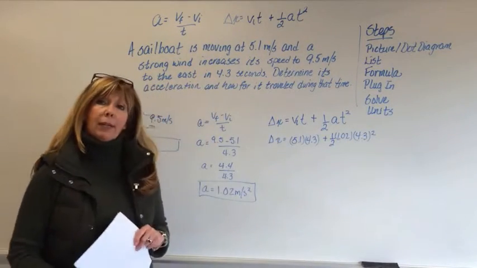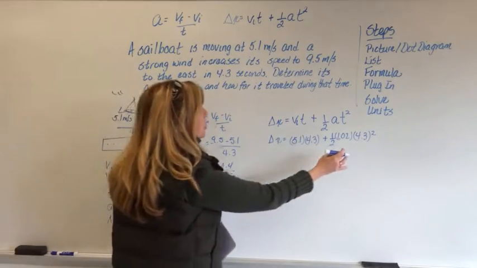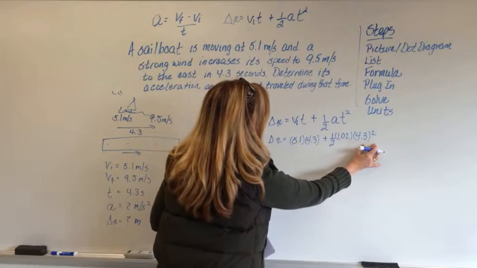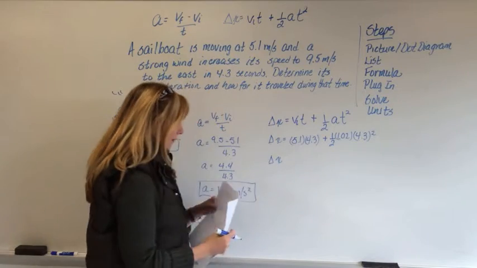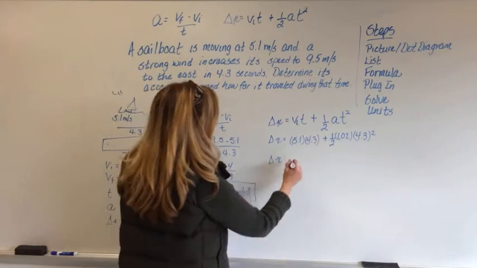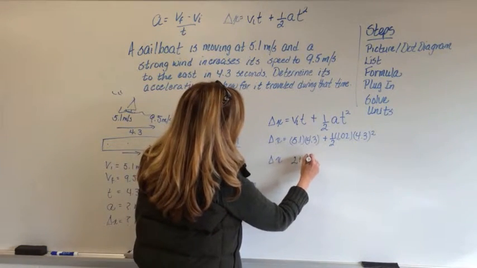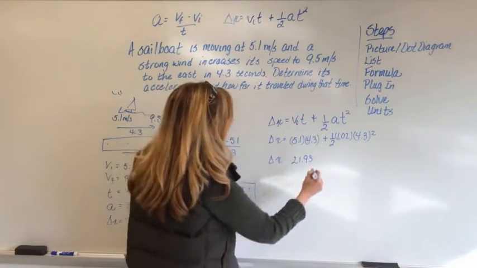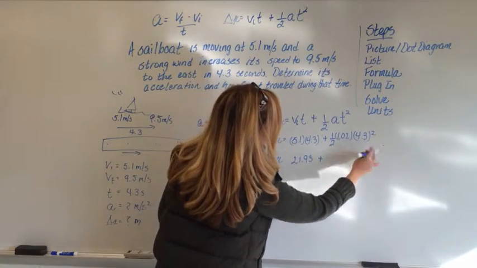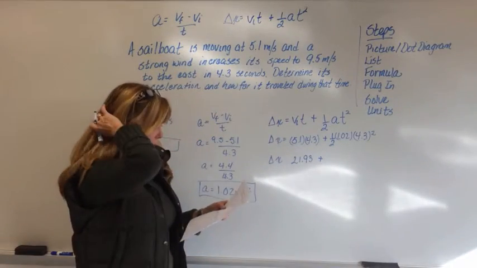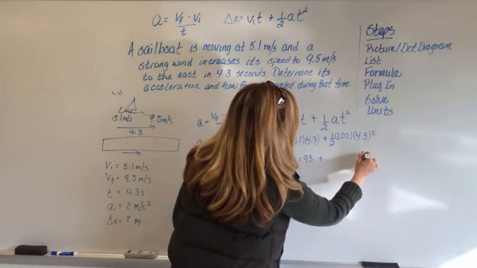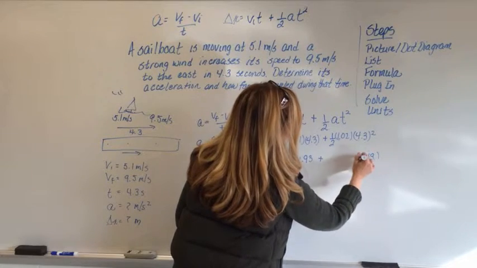Now, order of operations tell us that we must square first on this side. So we can multiply this. 5.1 times 4.3 is 21.93. To that, we're going to add our time that is squared, which is 18.49.